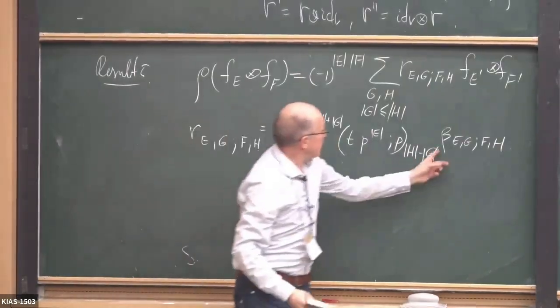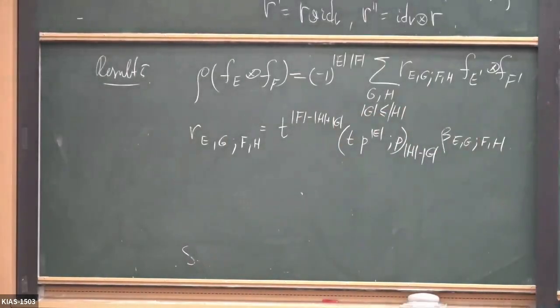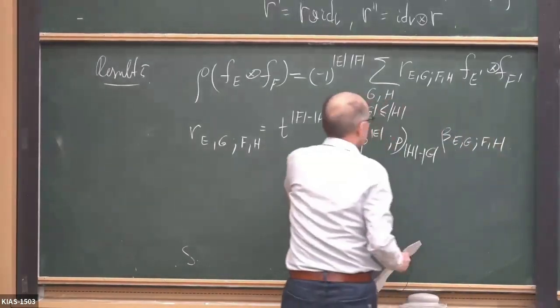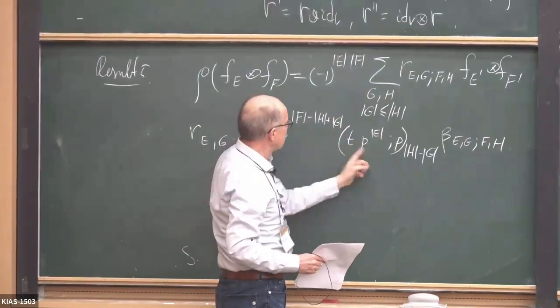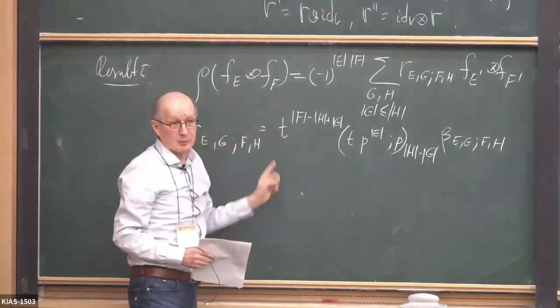So the same beta enters, but corrected by some t-dependent stuff through a Pochhammer product and a pure power.